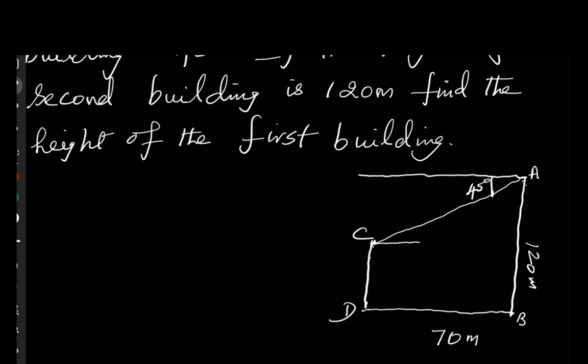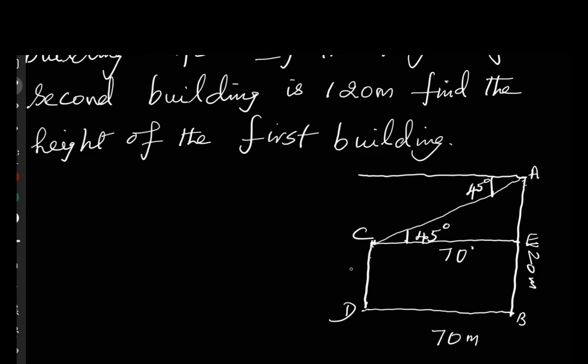So let me draw the parallel line to the ground here. Let me mark this as E. So here 45, these two are parallel lines. So here also I will get the angle. Angle of depression, always you have to bring it down. So this is 45. So this is 70 and this is also 70.